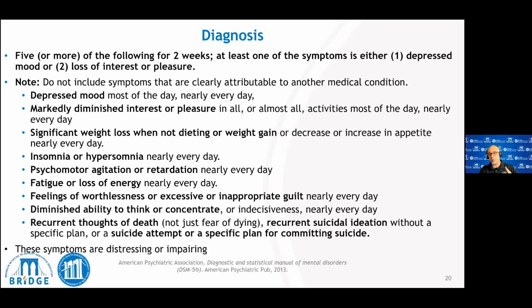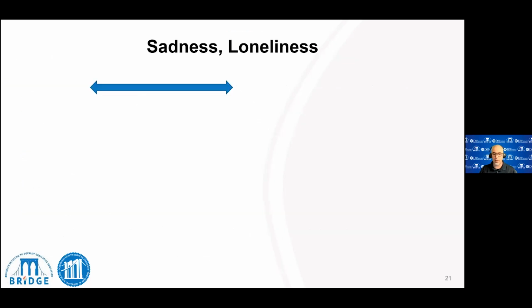There are literally a couple thousand ways in which you can meet diagnostic threshold for having major depressive disorder. And many of these symptoms on this list can be attributable to other conditions that older adults are likely to have, right? I have a slide coming up about that. We'll come back to it.